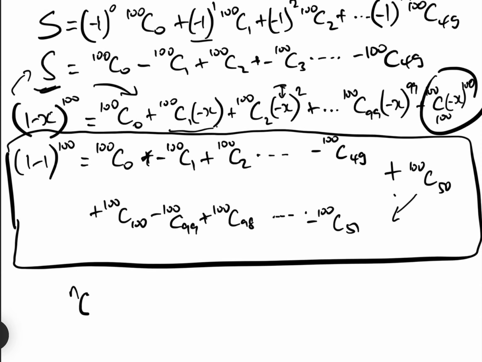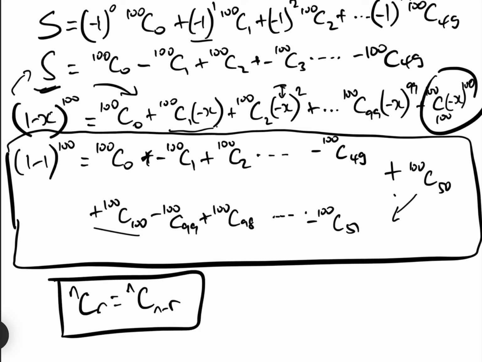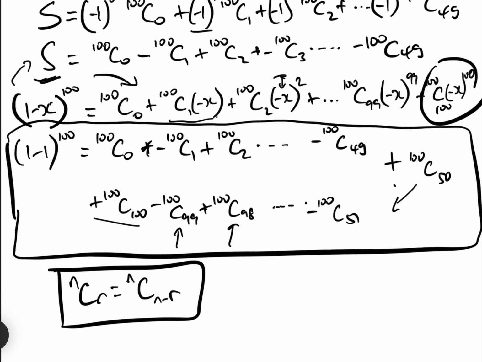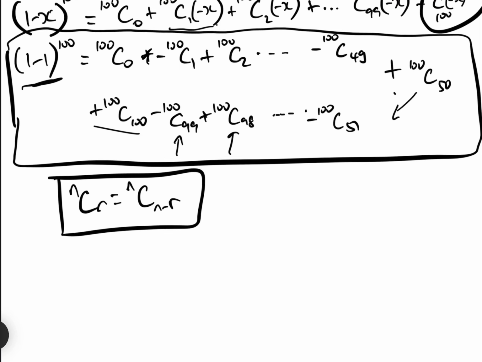Using nCr equals nC(n minus r), we can now simplify this, because 100C100 using this formula is the same as 100C0, 100C99 is the same as 100C1, 100C98 is the same as 100C2, etc., and of course 1 minus 1 is 0, so 0 to the power of 100 is 0.